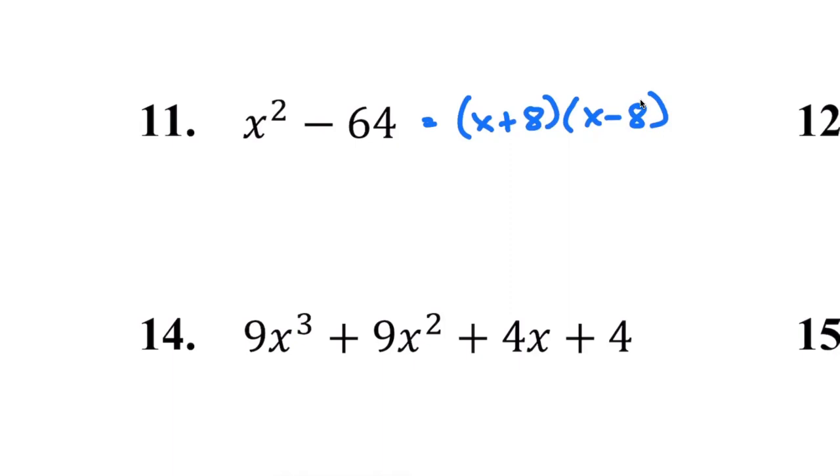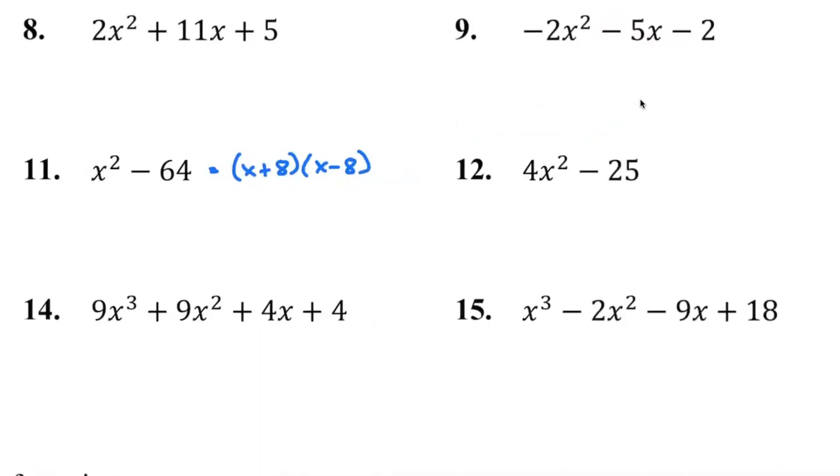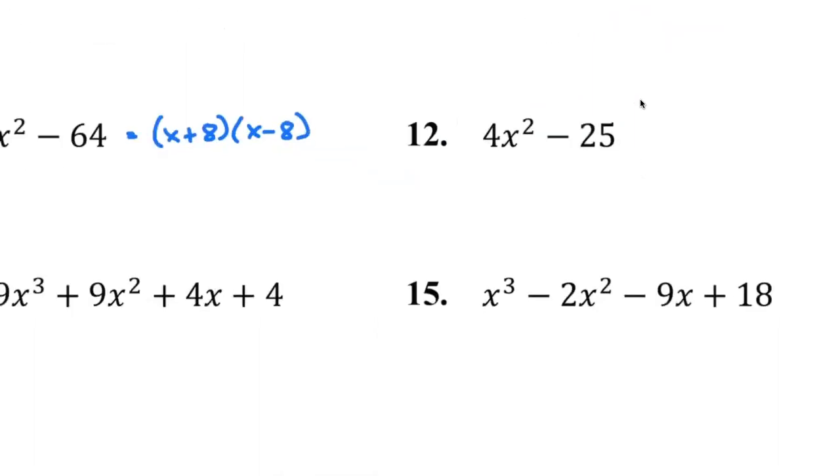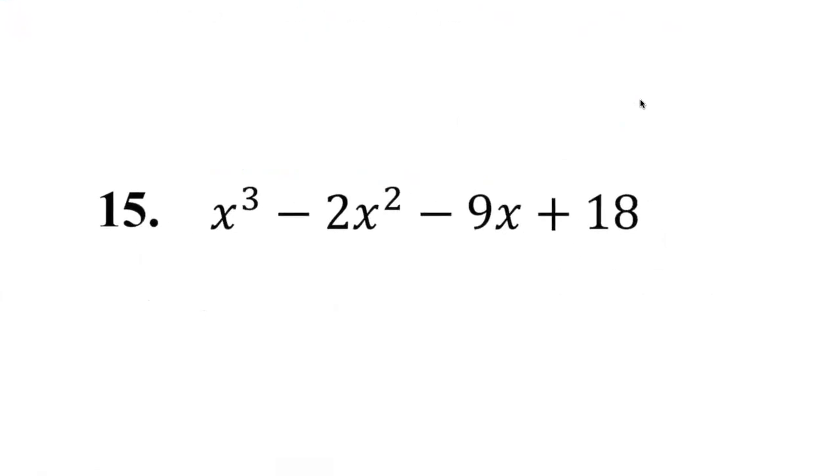Now, the reason I want to use a question like number 11 to illustrate this point is because I want to use it as leverage to talk about number 15. For number 15, when you see four terms, it's going to be something with grouping.